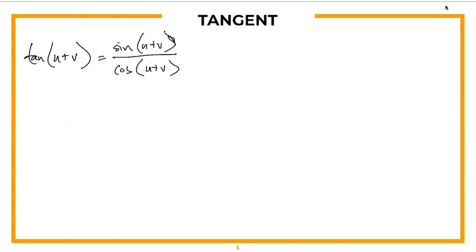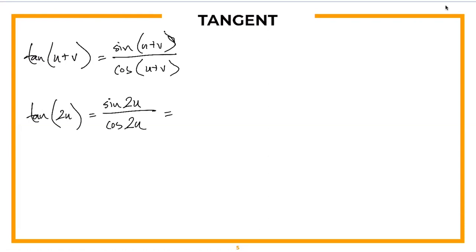Sine over cosine could still work here. And so we're going to take that same approach for the double angle. We can say that this is sine 2u over cosine 2u.